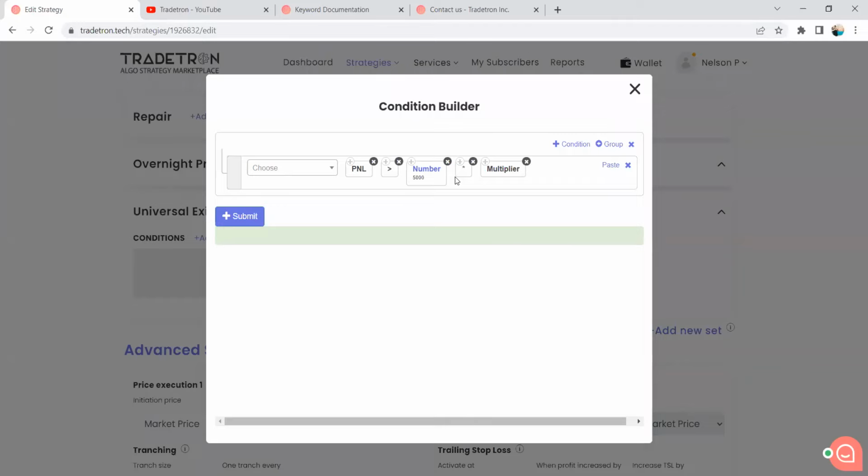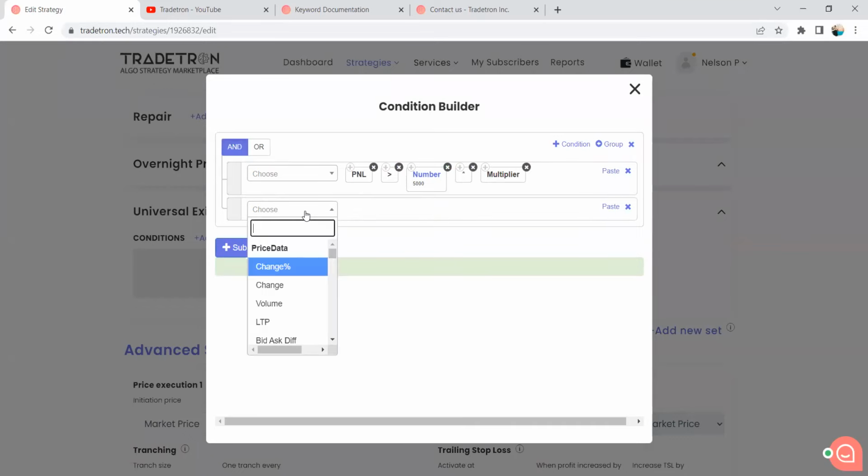When you're trading in one lot, if your PNL is 5,000, when you're trading 4 lots, your PNL should be 20,000. So when you use the keyword multiplier, it will automatically multiply 5,000 into 4. So based on the multiplier that you're using, it will automatically multiply. That's the reason why it's important to use the keyword multiplier.